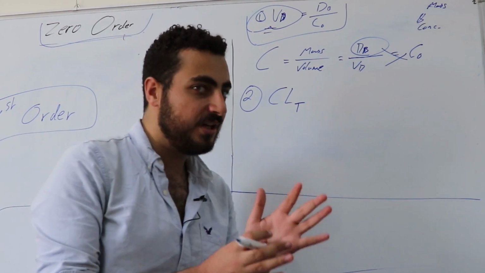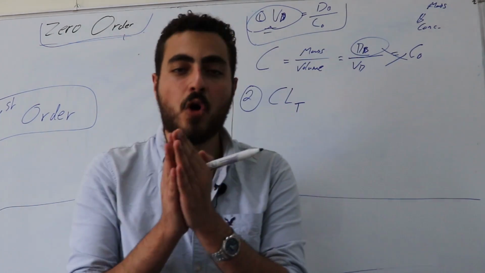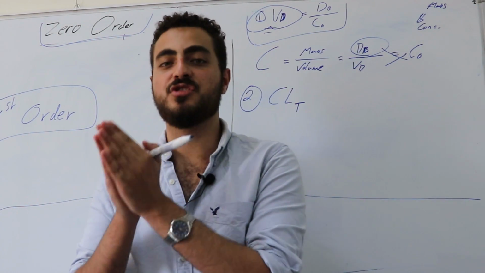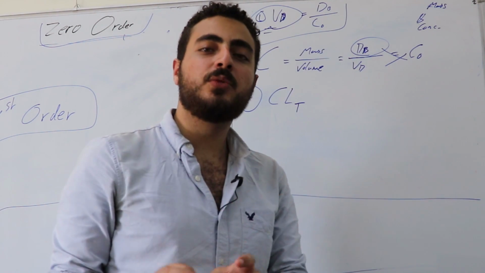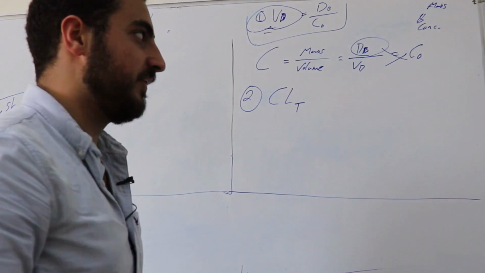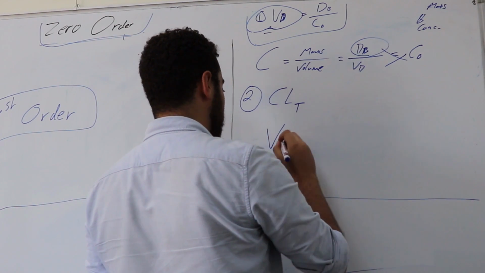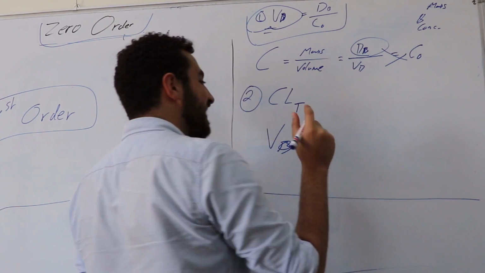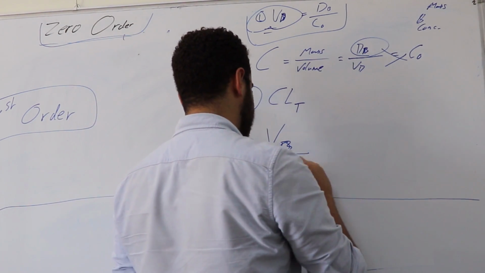So let's say in a minute, it is the volume of blood cleared of a drug in 1 minute. And you could calculate it using this definition. It is the volume of the blood or the volume of plasma cleared of a drug per unit time.